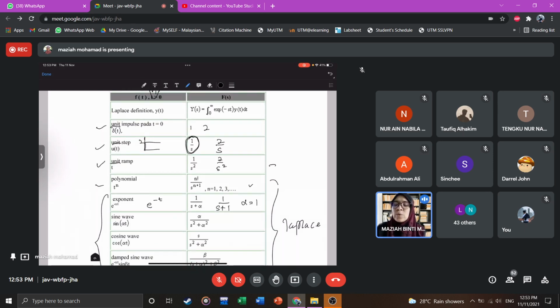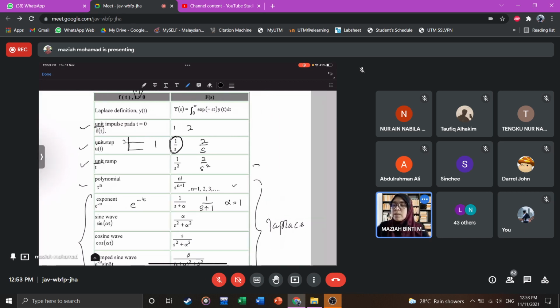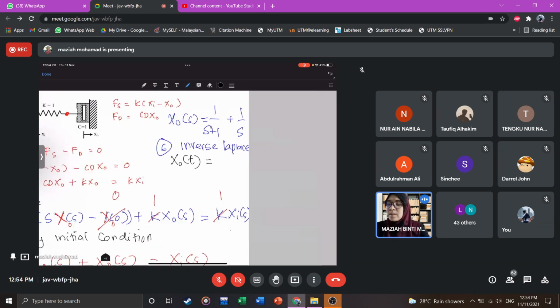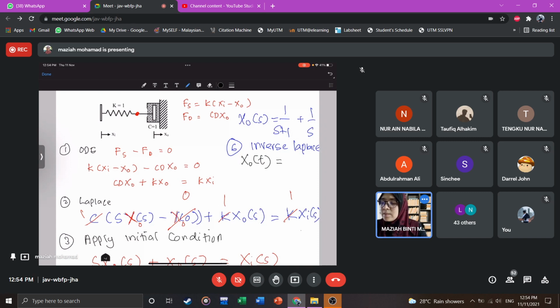If you inverse, it will become 1. So writing here, it will become 1 plus exponent negative T. Okay, so that is the time response equation for the system.